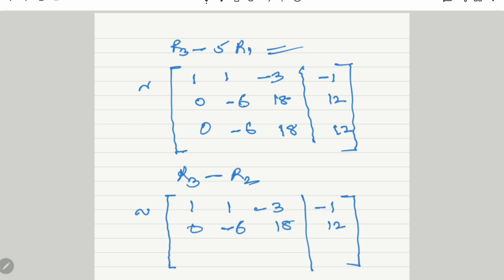Third row changes by this transformation, R3 minus R2: 0 minus 0 we get 0, minus 6 plus 6 we get 0, 18 minus 18 we get 0, and 12 minus 12 we get 0.